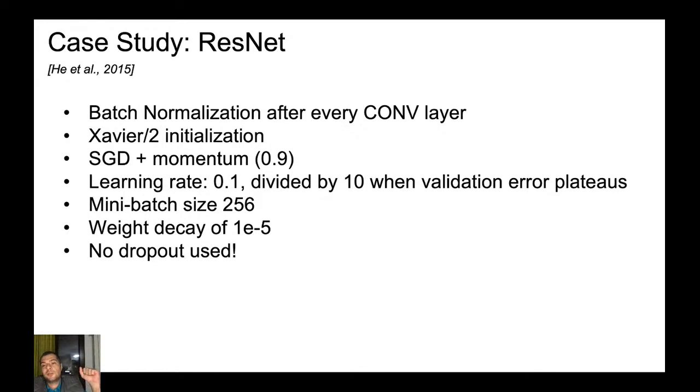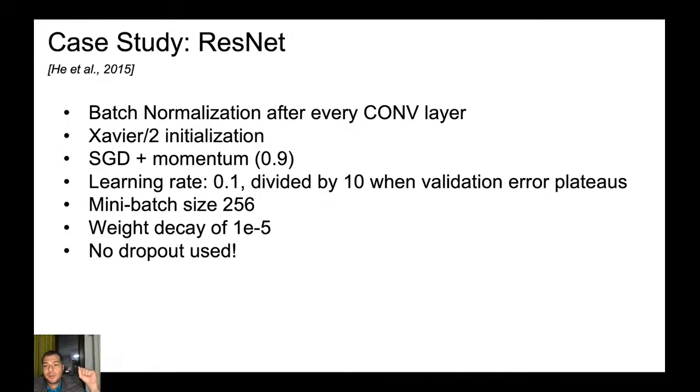For initialization, they used the Xavier initialization or Glorot initialization that we presented in the last lecture. They only modified the formula by dividing the standard deviation by 2.